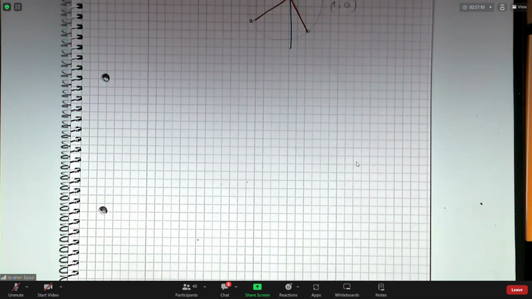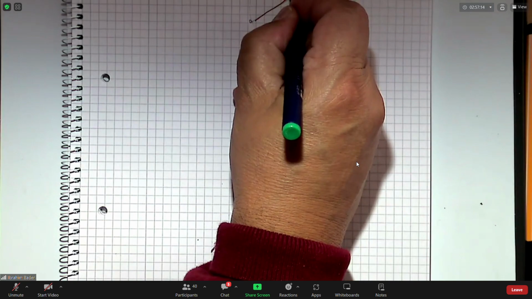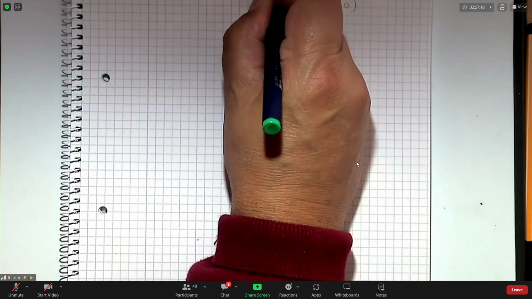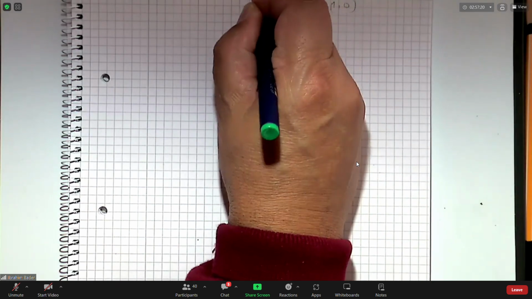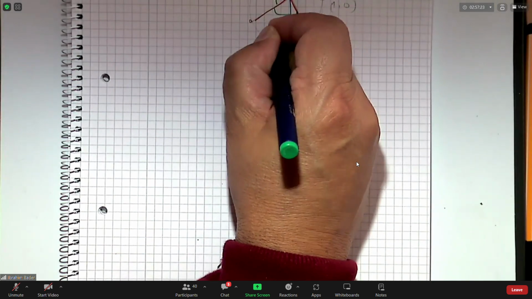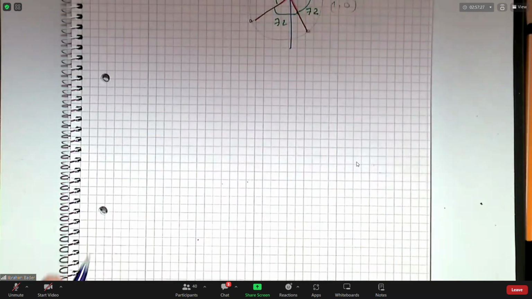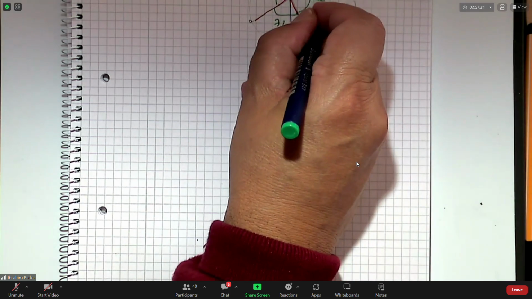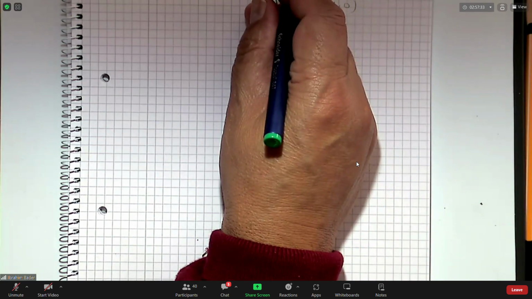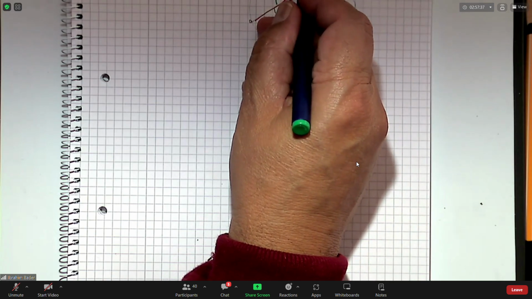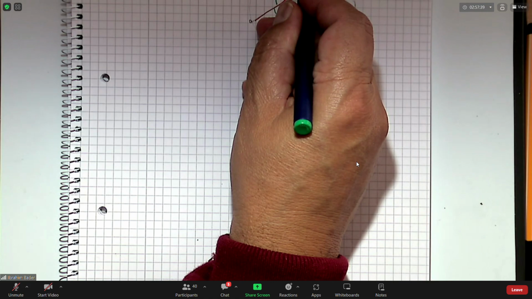That means this angle is 360 over 5, 72. This is 72. This is 72. And this is 72. That means even without knowing the formula, if you start here with 1 and you just rotate from 0 to 72, you find out this coordinate is cosine 72, sine 72.